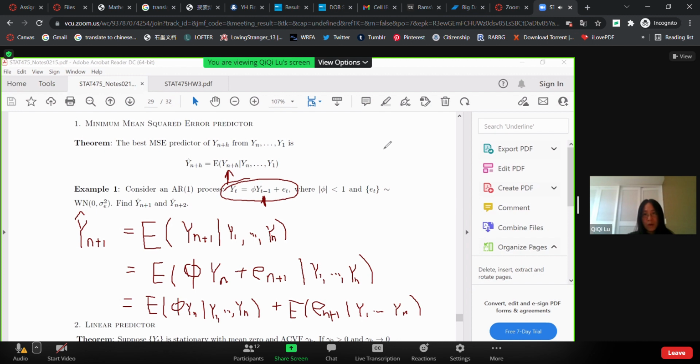So we know by the definition of AR(1) here, the white noise term is always uncorrelated with the past values of y_t. Given y_1 to y_n, the noise epsilon_{n+1} is uncorrelated with y_1 to y_n, so this conditional expectation is just the expectation, the expectation of epsilon_{n+1}.